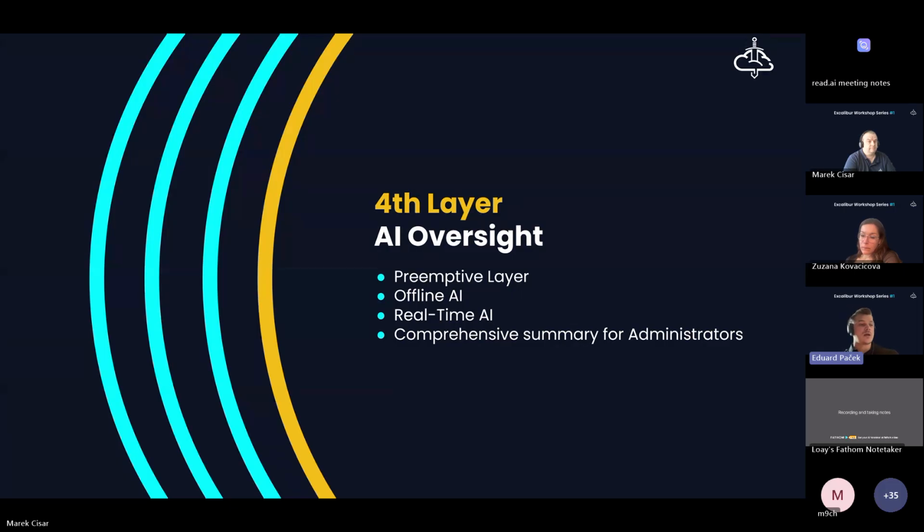And this AI layer is basically taking care of what is happening live on the user's feed and what he is doing inside of the session. Also, the AI has the possibility to fully terminate the session.